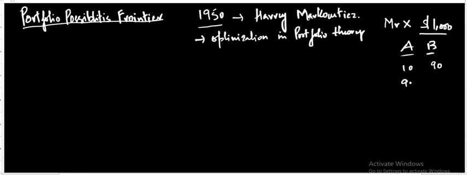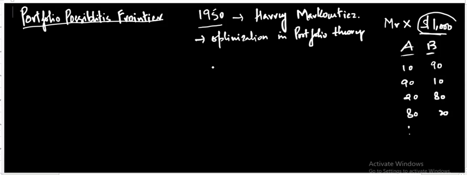Or he may invest 90% in this stock and 10% here. Accordingly, he may invest 20% here and 80% here. He may invest 80% in stock A and 20% in stock B. Accordingly, a set of portfolios can be created out of this $1,000.